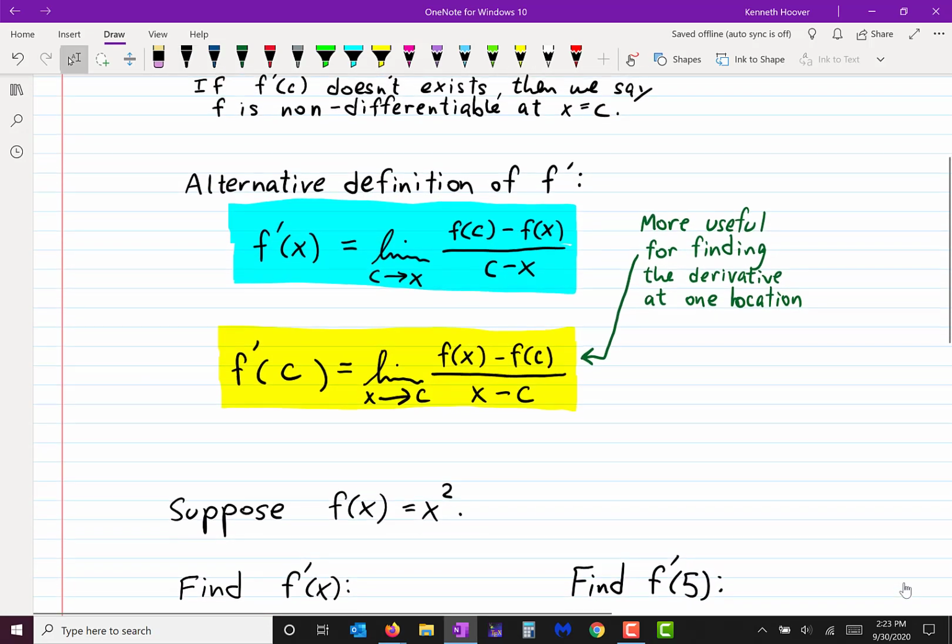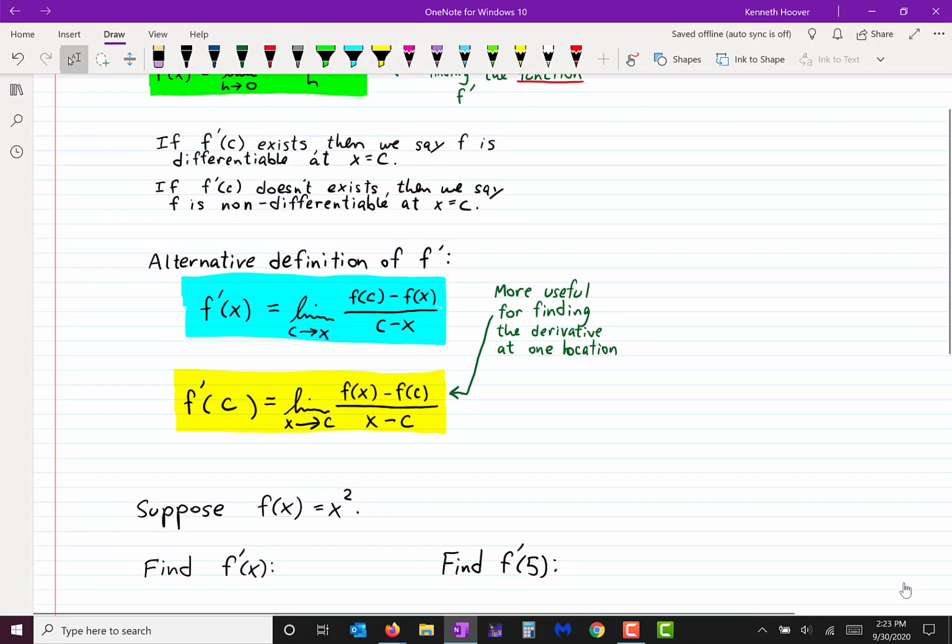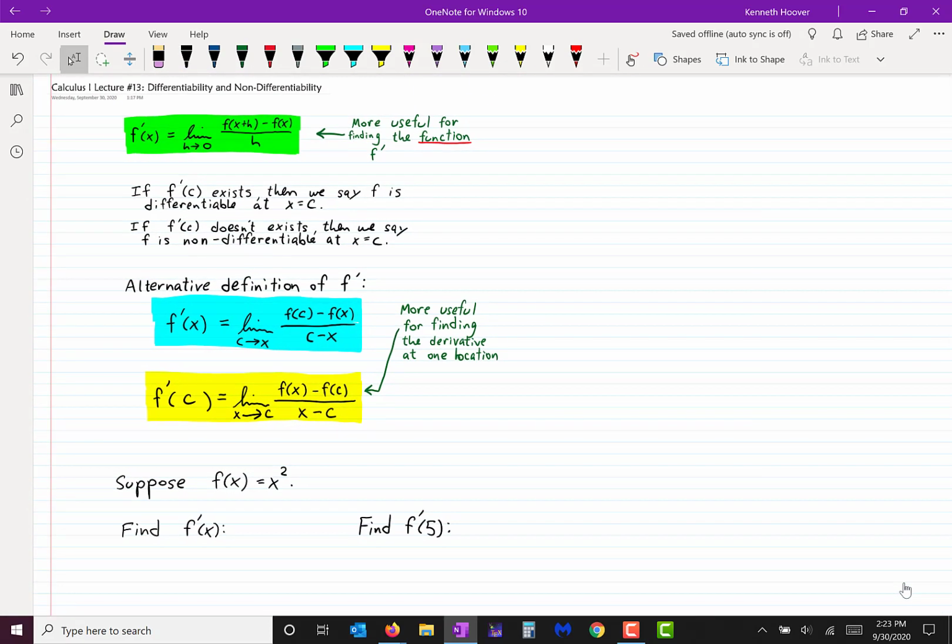If somebody asks me to find f prime of x, then that means they're asking me for a function. And so I personally would do that problem using the green definition.